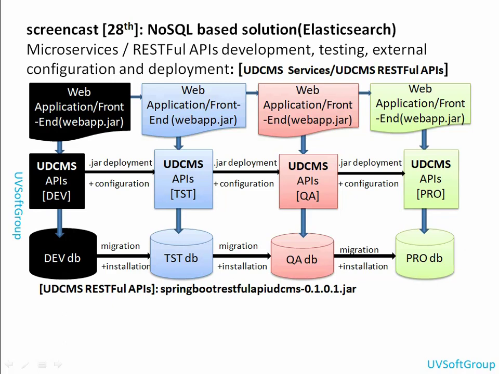After that, the web developer can call it and integrate their web framework, whether it is GSP, JSP, simple HTML or JavaScript, because it is HTTP protocol based RESTful web services.